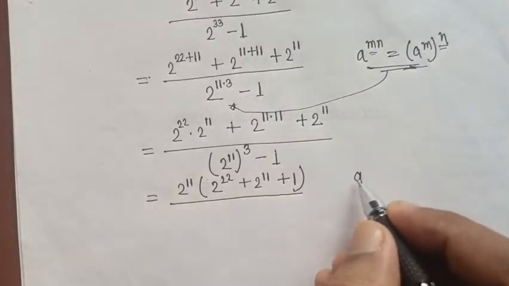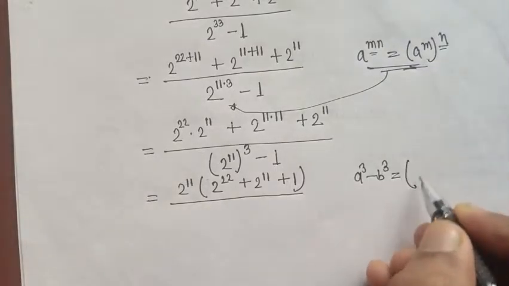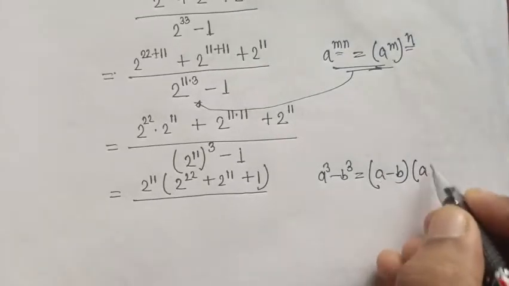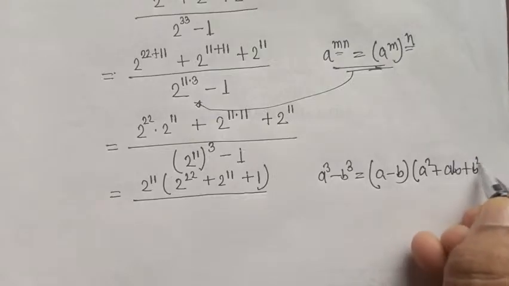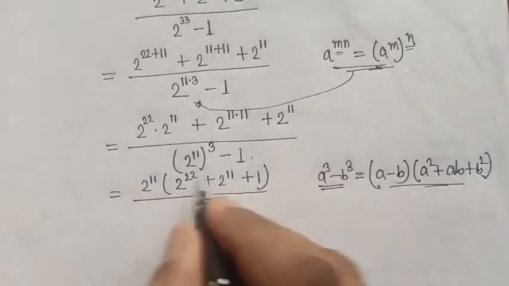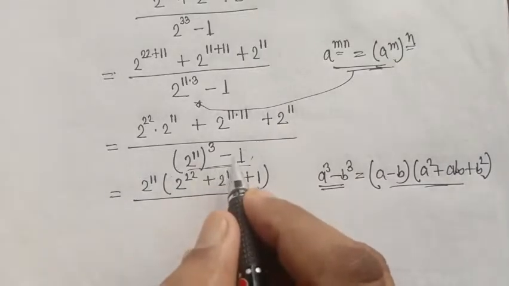now we know the formula, a cube minus b cube is equal to a minus b into a square plus ab plus b square. So we are going to apply the same here, that is 2 to the power 11 to the power cube minus 1.